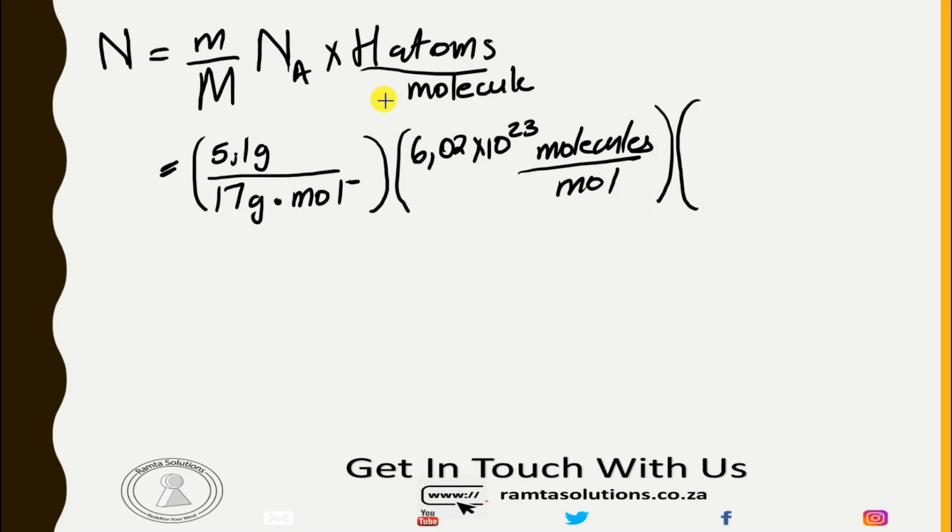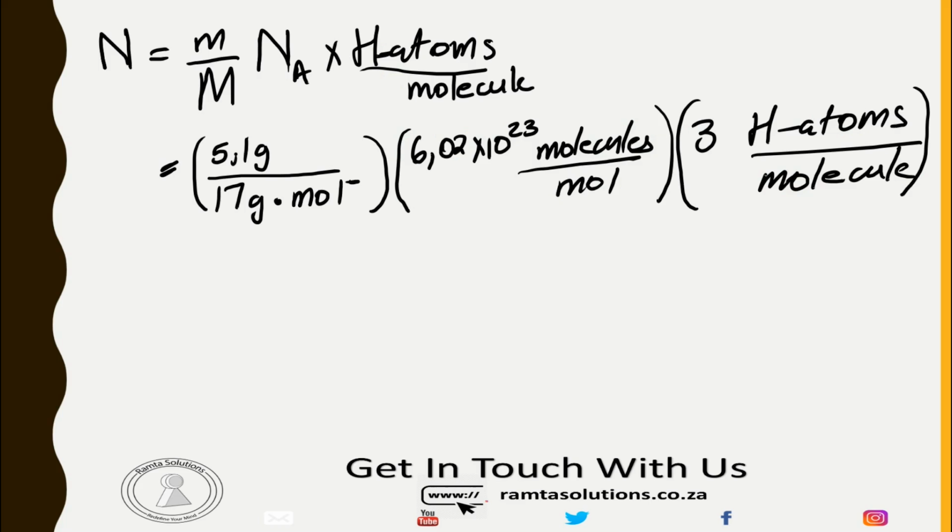Then how many H atoms do we have? We have 3 H atoms per molecule of ammonia.